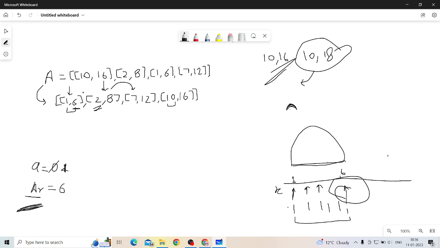In the beginning the answer is 1. Now this arrow will cover the range 1 to 6, so I have stored this 6 in the arrow. Now I am at index 1. I will check the starting of the next balloon.